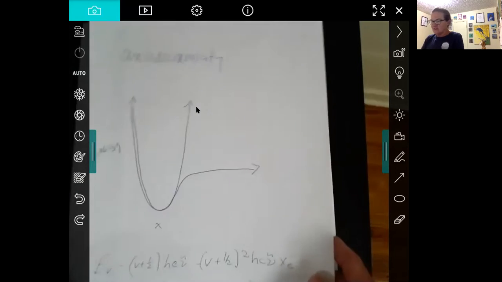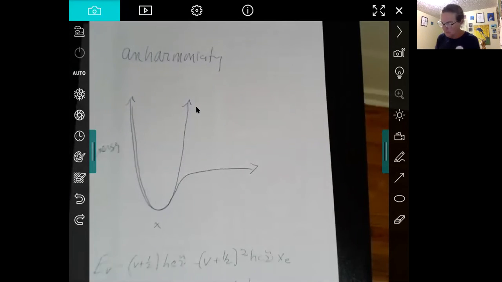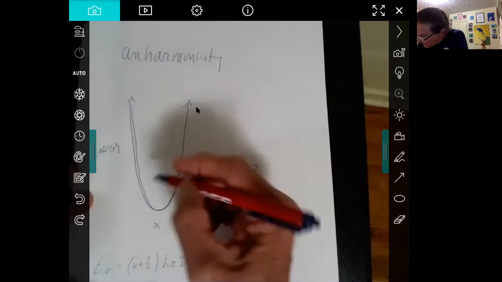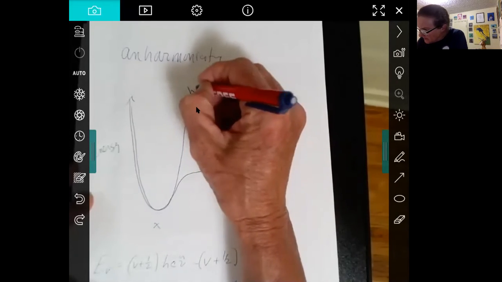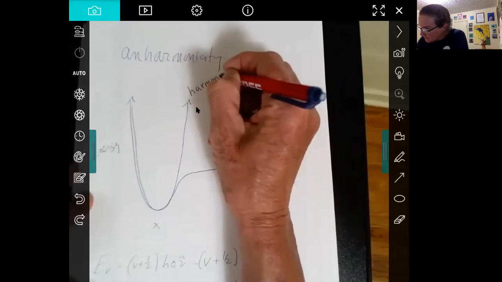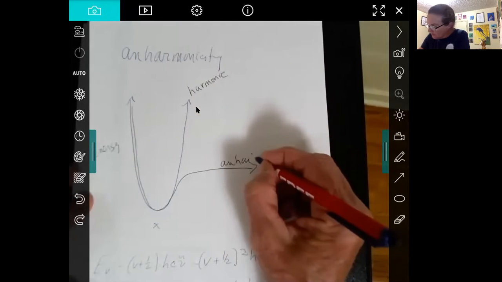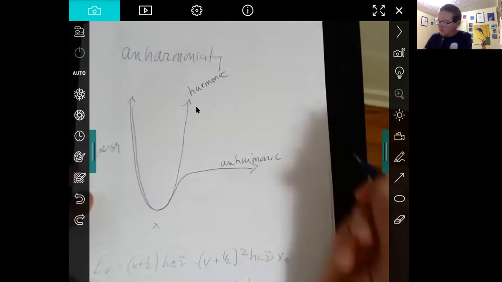In general, the harmonic oscillator works pretty well as a model because, as we just said, at room temperature you're starting in the ground state. So we look at this blue being harmonic and this one being anharmonic, meaning it's not a parabola. It has a different shape.